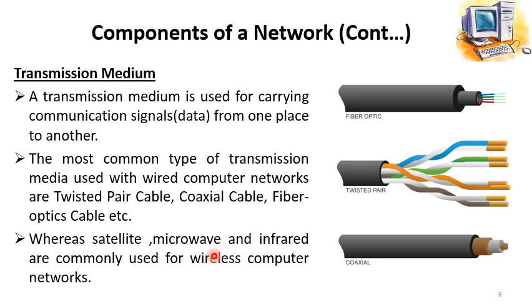Whereas satellite, microwave, and infrared are commonly used for wireless computer networks. So these are examples of wireless transmission medium.